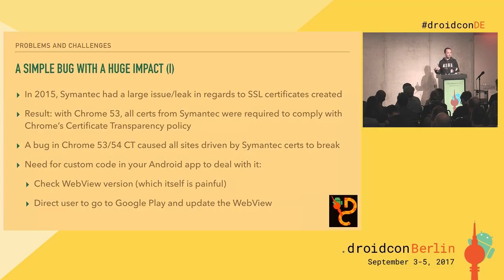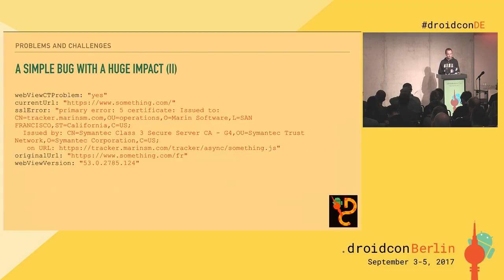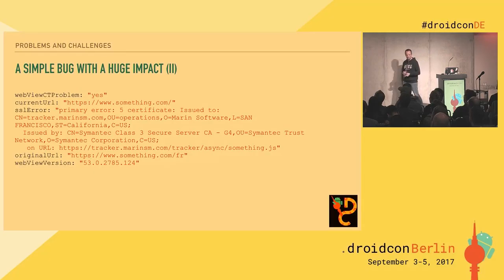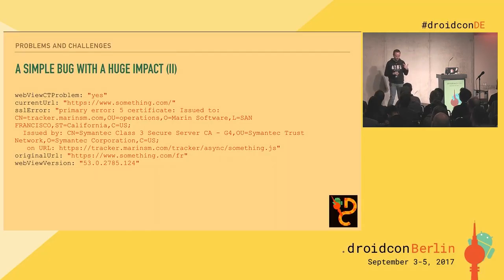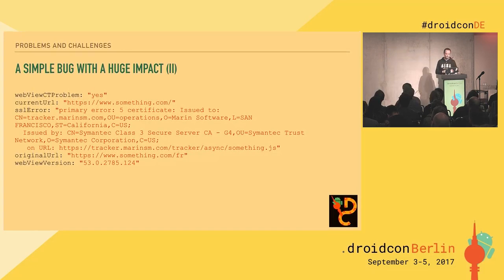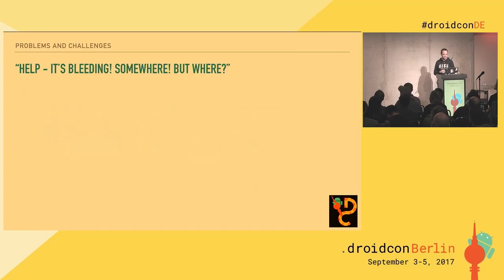And that is really annoying, right? The funny thing is, for one of my clients who have a Webview app, we do error tracking. And now that Chrome 60 is out, there are still people with Webview versions of 53 and 54, so that still happens.